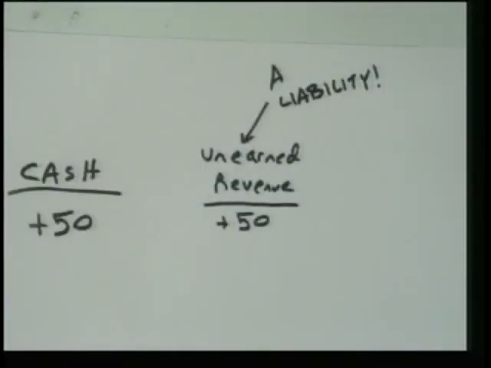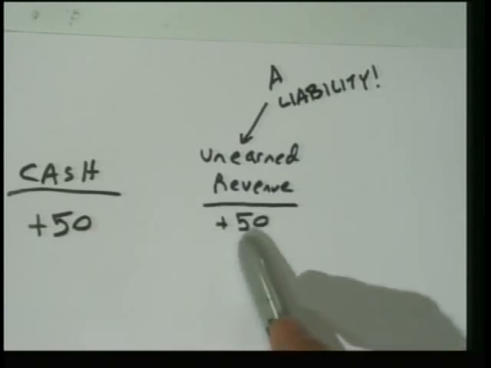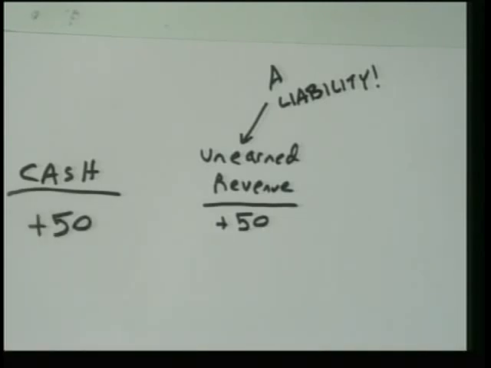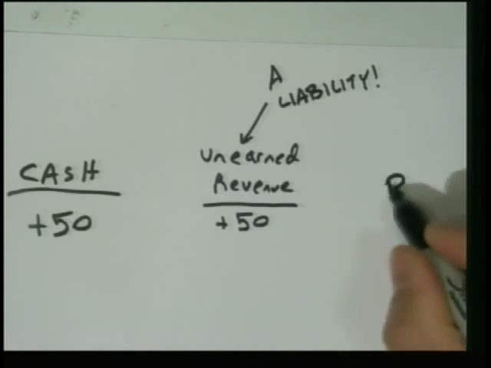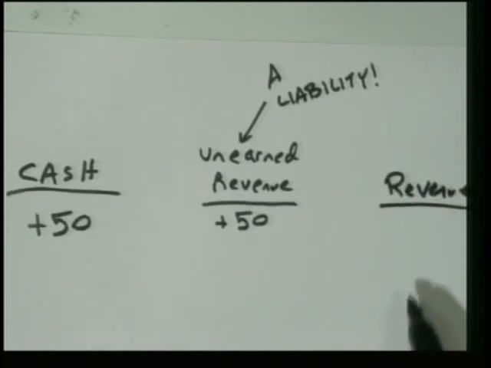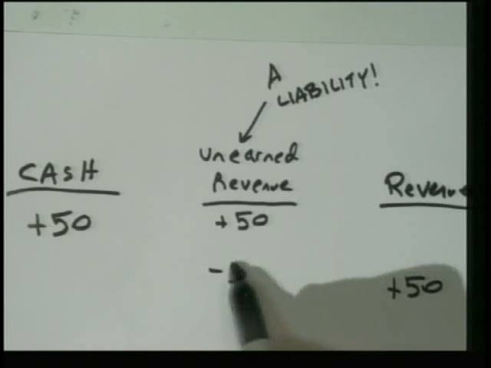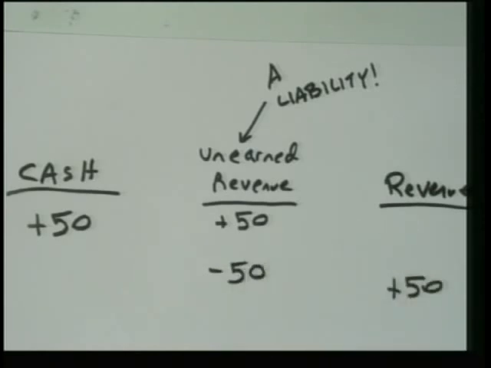So, taking a look back at this. Jake, when I give you $50 and you're keeping track of this in your records, your cash goes up by 50, your unearned revenue, your liability goes up by 50, right? Okay, Thursday comes and you mow my lawn. Well, a transaction that you will make at that point is your revenue will go up by $50 as soon as you're done mowing my lawn, and unearned revenue, that liability, now goes down because you've satisfied that.